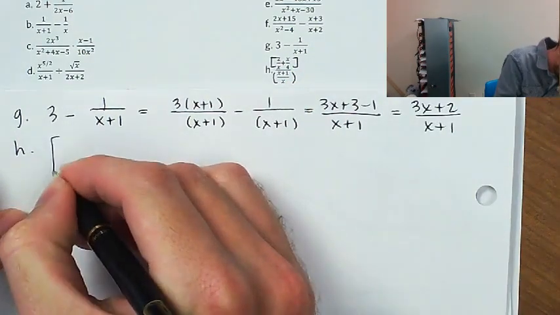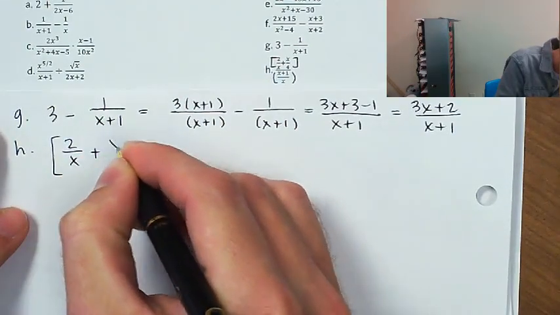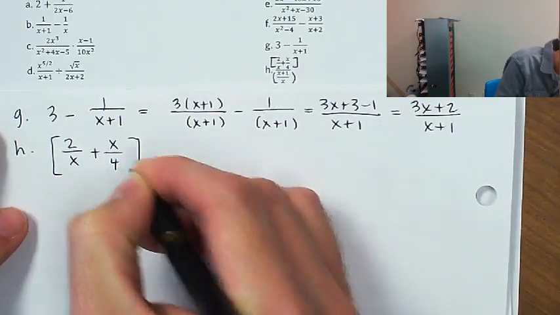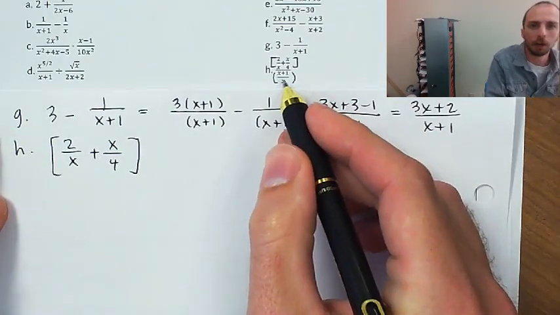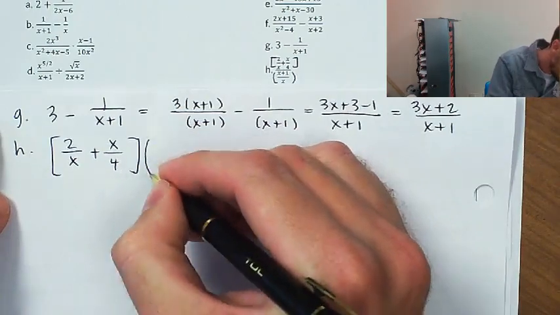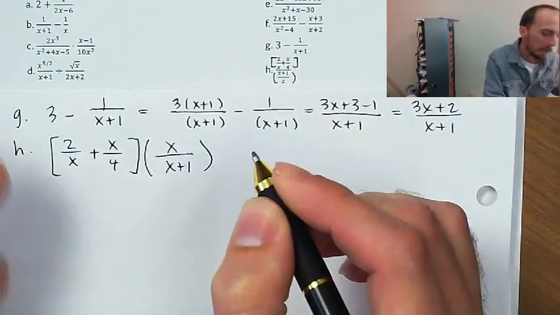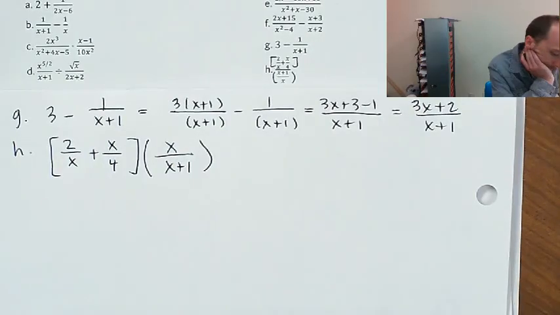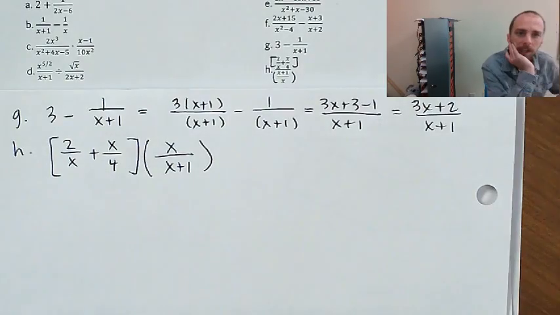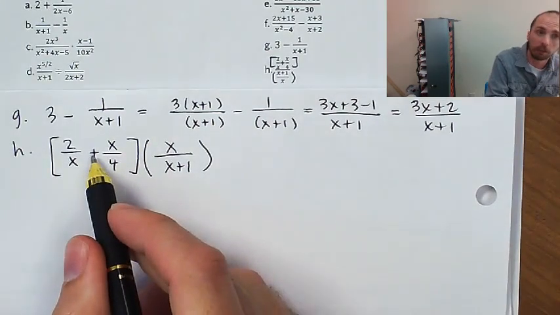Okay, so the numerator is going to be 2 over x plus x over 4. And if I'm dividing by the denominator, I need to just flip and multiply. So if I'm dividing by this, I'm going to multiply by x over x plus 1. And I'm not really seeing anything that I can immediately just cancel, mainly because of this addition here.